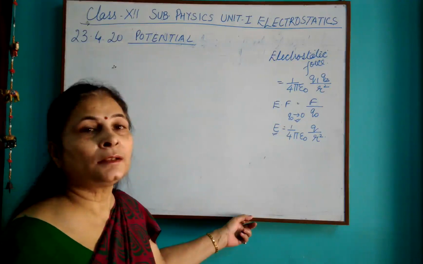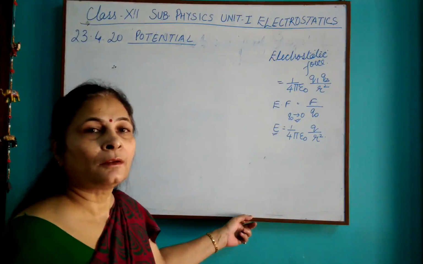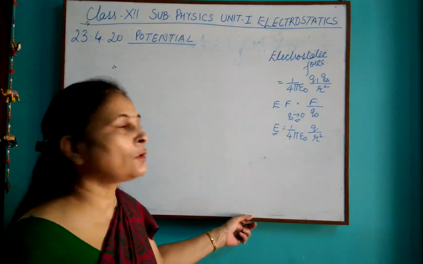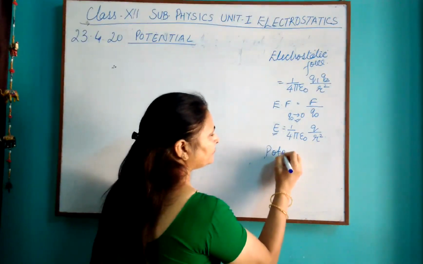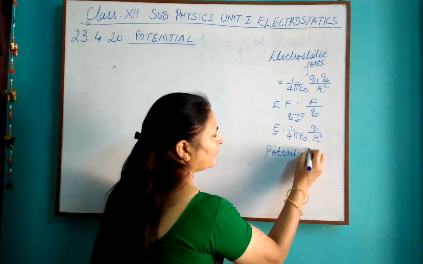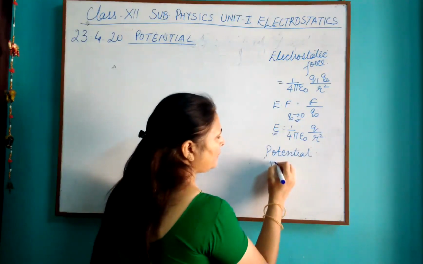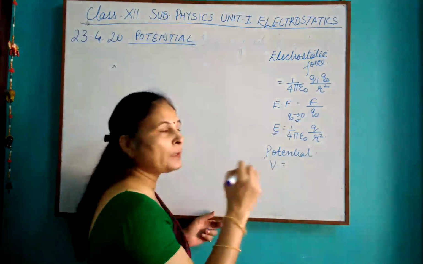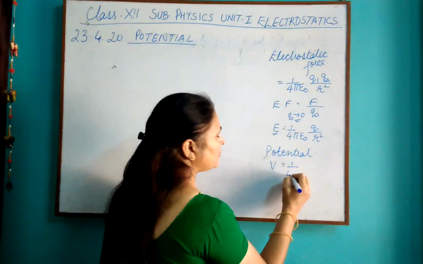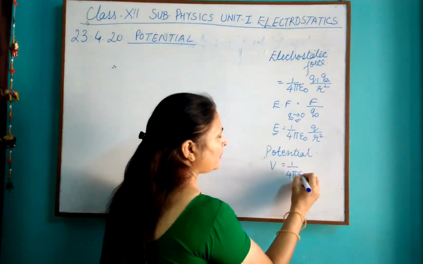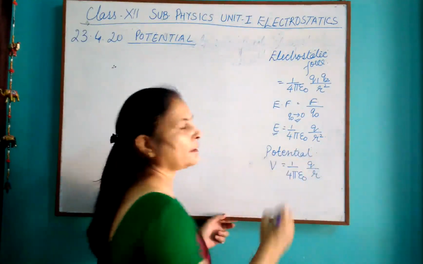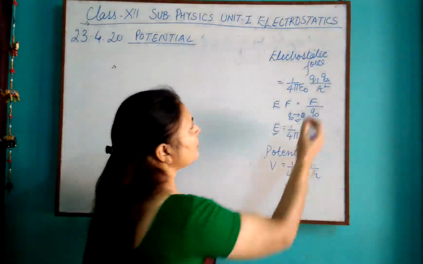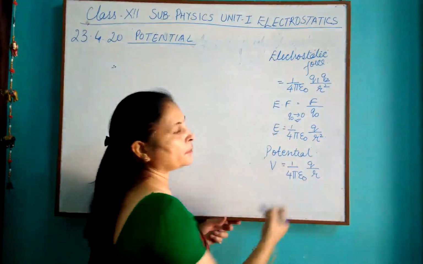Now the third topic or the phenomena which we are going to talk about is potential, which we denote by V, and the formula which we will get is 1 by 4 pi epsilon naught Q upon R. And now you can remember these formulas in continuation.